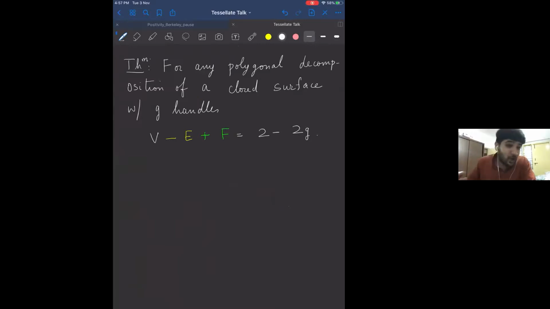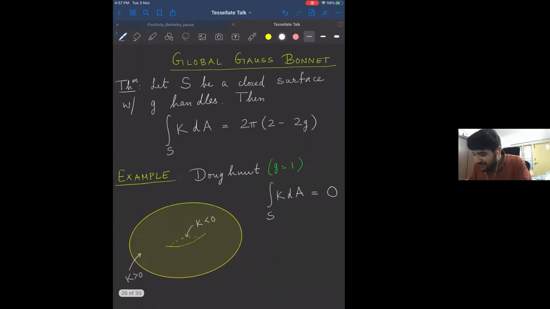Then the Euler theorem for such surfaces says that if you calculate this alternating sum, again you have to add a correction factor: you subtract off 2 times the number of holes. That's the Euler theorem for a closed surface.